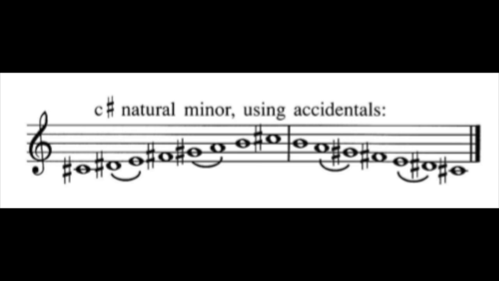The minor scale, as we said, is like it starts on the 6th scale degree. So instead of our semitones occurring between 3 and 4 and 7 and 8, in our natural minor scale, the semitones now occur between scale degrees 2 and 3 and scale degrees 5 and 6, as you can see indicated here with slurs.